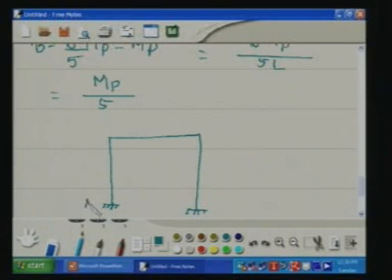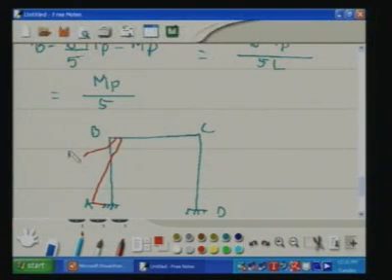Let us draw the bending moment diagram for this structure. So, the MP was here if we draw it on the tension side. So, here the value was MP and here MP by 5.